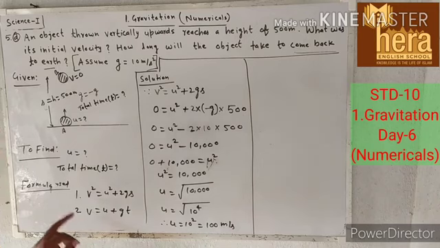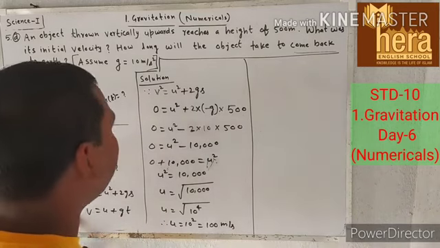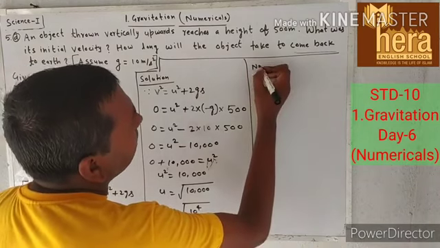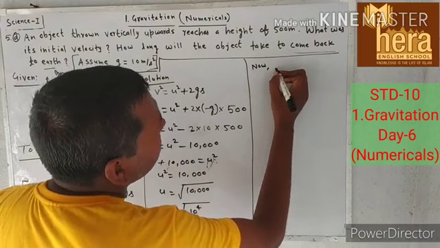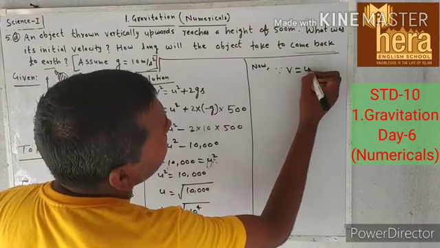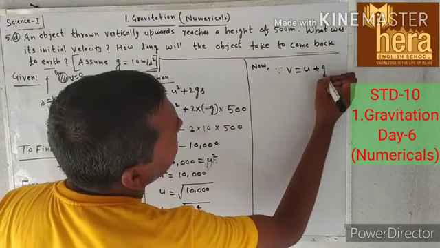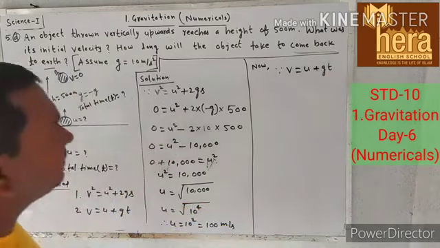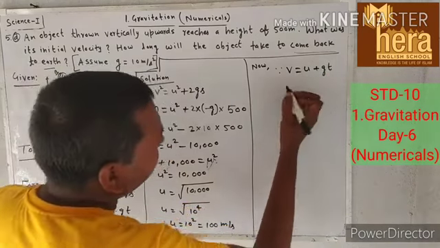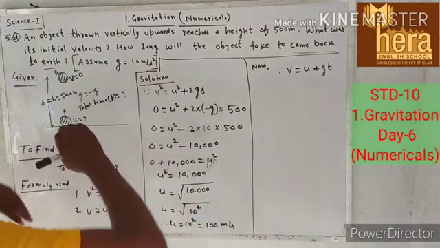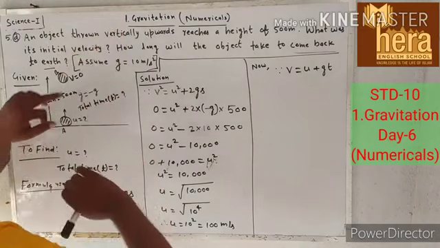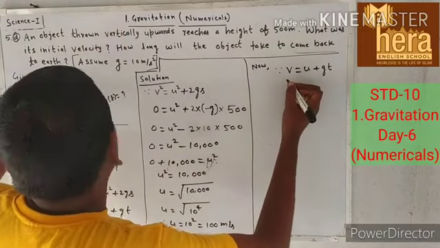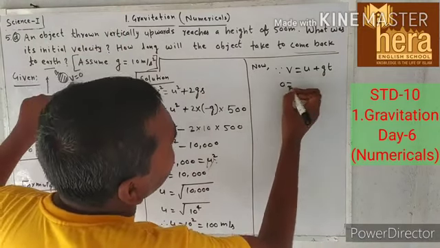Now from formula number 2, since v is equal to u plus gt, therefore v is equal to how much? For time of ascending, it means an object is moving in upward direction, then v is equal to 0 is equal to u.